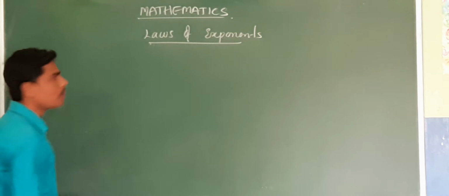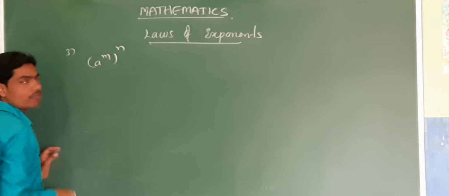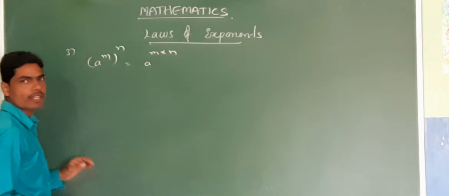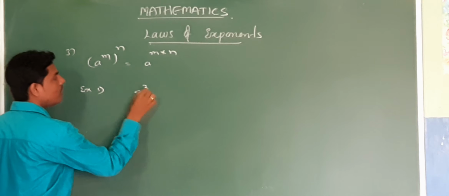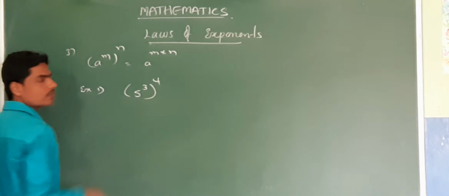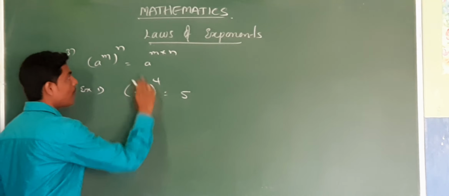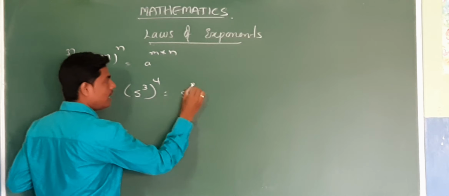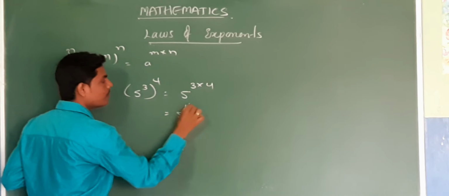And third formula is a to the power of m whole to the power of n is equal to a to the power of m into n. So take one example. 5 to the power of 3 whole to the power of 4 is equal to 5 to the power of, apply this formula here, product of these two powers, that is 3 into 4, is equal to 5 to the power of 12.